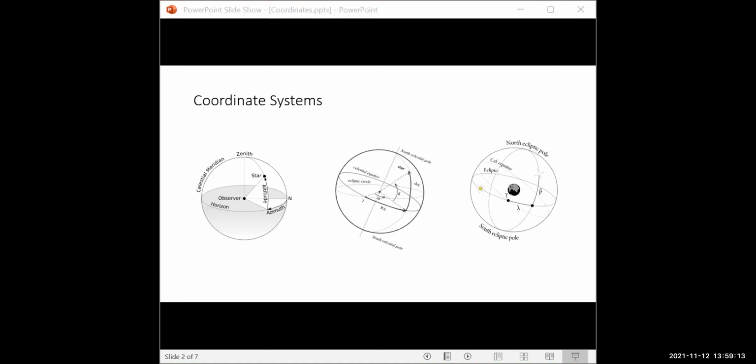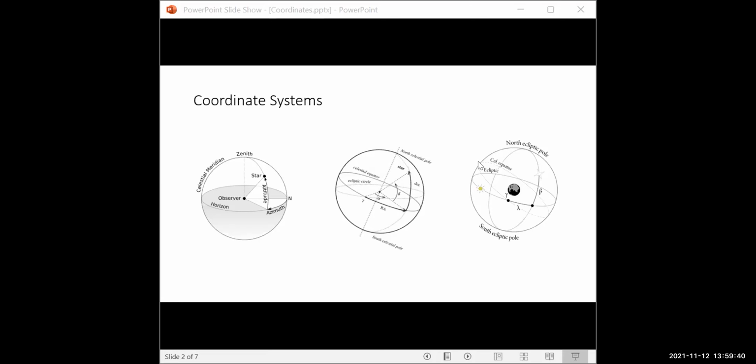So what is the horizon? We have the zenith to observer axis and a plane perpendicular to this, which extends to meet the celestial equator, called the horizon. The point where the great circle through Polaris meets the horizon is the north point, and the point right opposite is south.